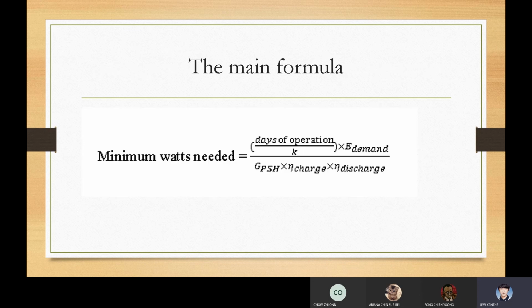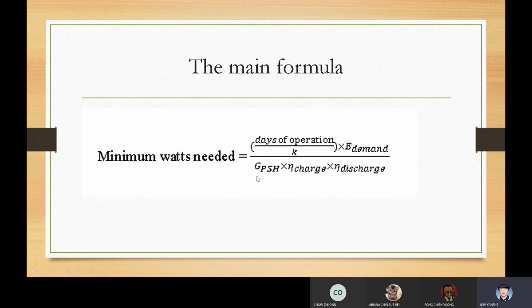Lastly, the formula I use for the whole calculation is this. It calculates the watts needed from the solar panels, and this is the most important because other calculations, like how much power is needed for inverters and batteries, are all derived from this.